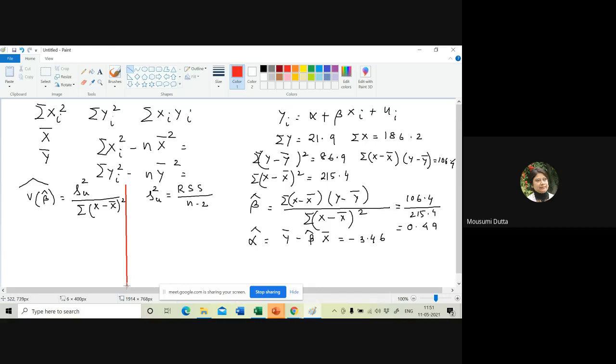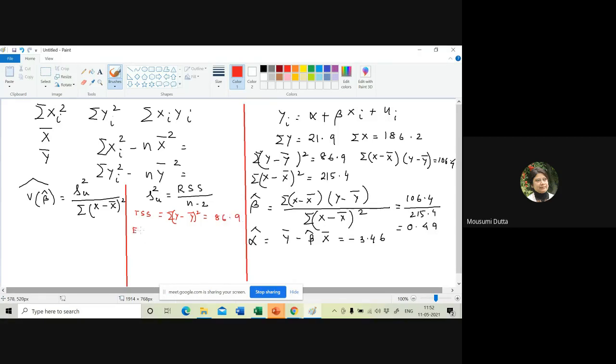Now Lakshmi, what is the formula for TSS? The summation yi minus y bar whole square. Very good. So let's first write down TSS, and the value is 86.9.